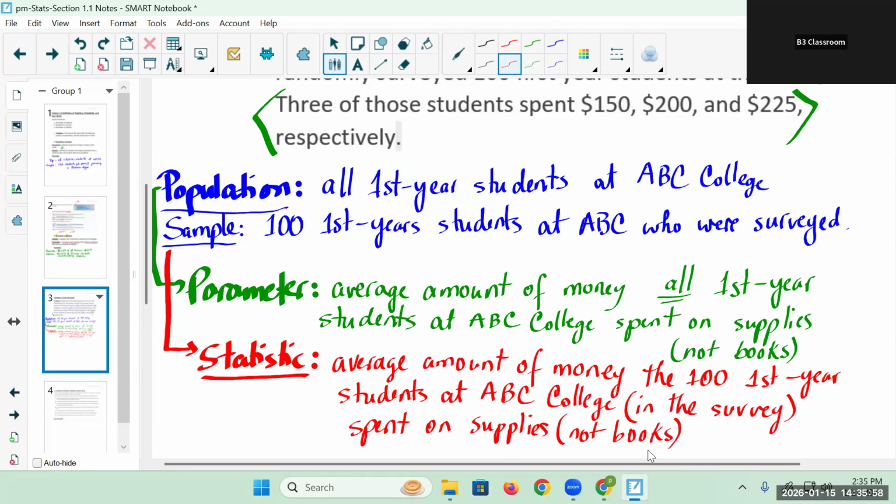I think it takes us more time to write than to actually think about how that works.